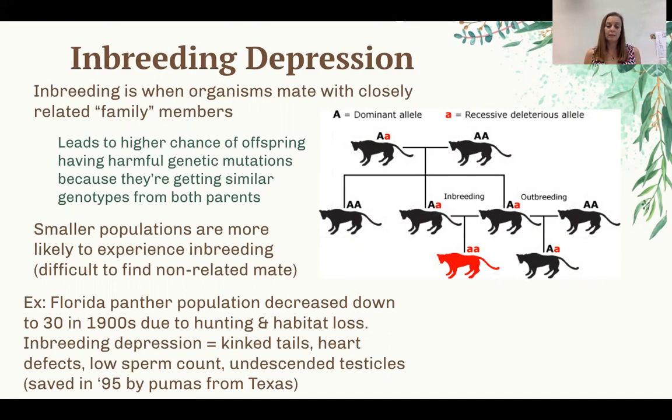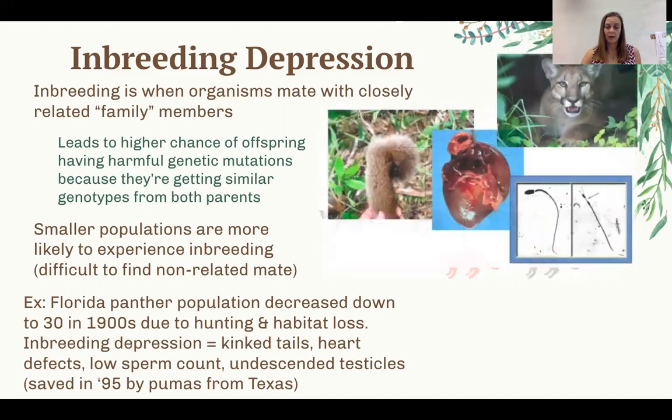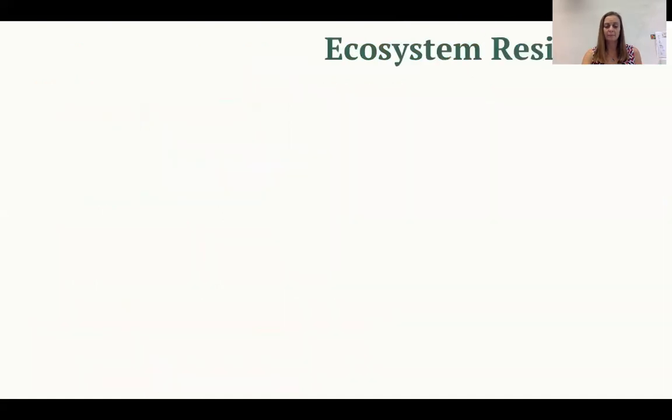So those were kinked tails, they had heart defects, they had low sperm counts, they had issues with the males having undescended testicles. In 1995, in an effort to preserve the Florida panther population, they introduced pumas, which are just panthers by another name, from Texas into the Florida population to bring in more genetic diversity. And that has brought the Florida panther population back to a healthy place.